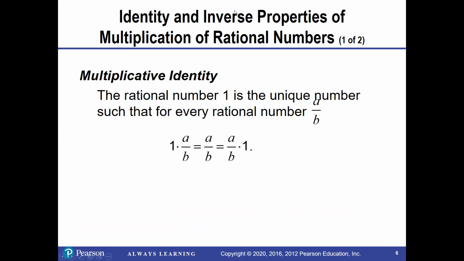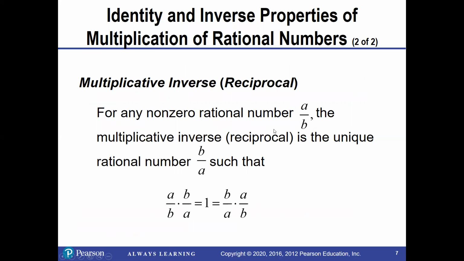All right, multiplication rules for rational numbers. Multiplicative identity works the same as any multiplicative identity: you multiply any rational number by 1, you get the same answer. You also have the multiplicative inverse, or what some people call the reciprocal rule.